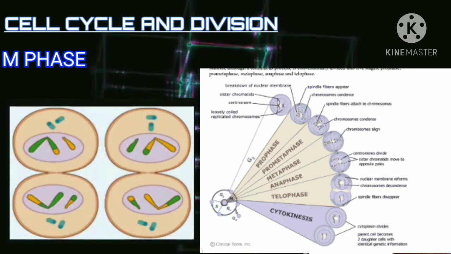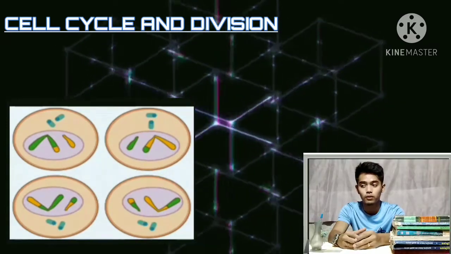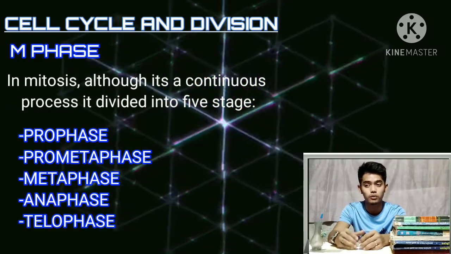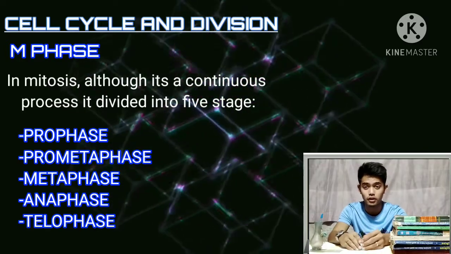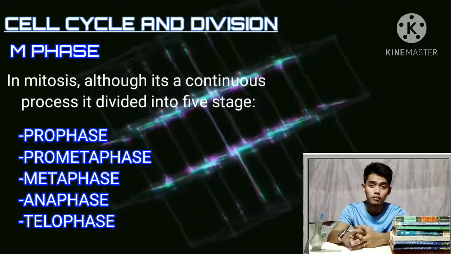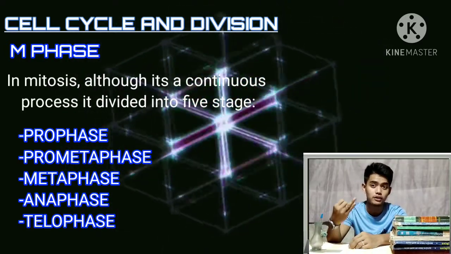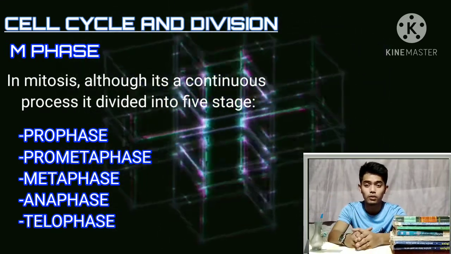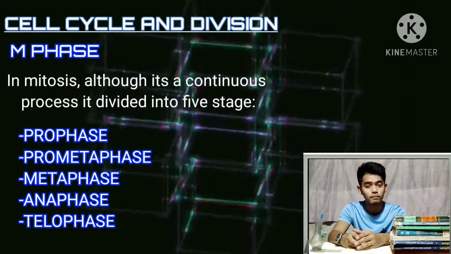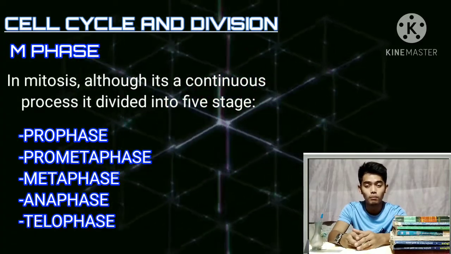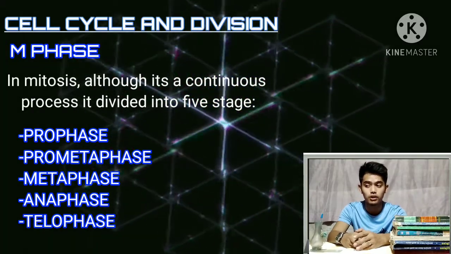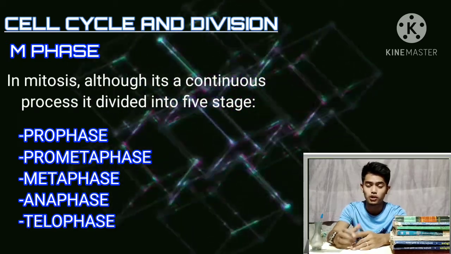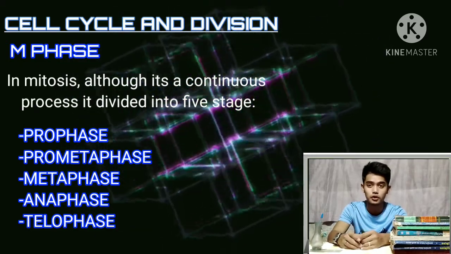In mitosis, although a continuous process, it is conventionally divided into 5 stages, namely prophase, prometaphase, metaphase, anaphase, and telophase. Both these processes lead to cytokinesis or a proper cell division.